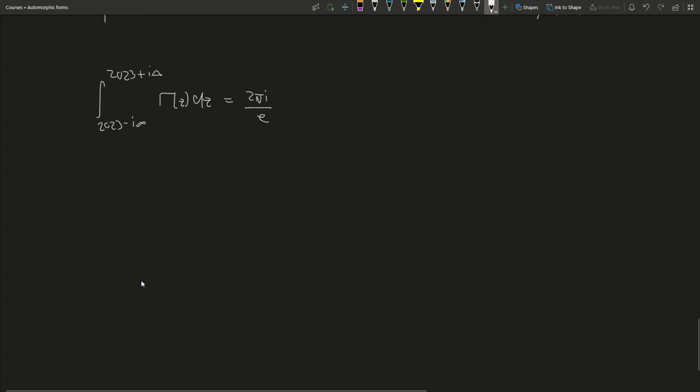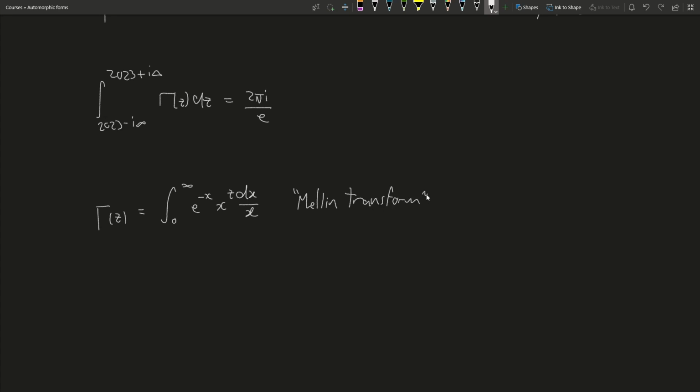Let me explain how this is essentially automatic. This definition of gamma, gamma of z, is the integral from 0 to infinity of e to the minus x, x to the z, dx over x. This is a Mellin transform of the function e to the minus x.